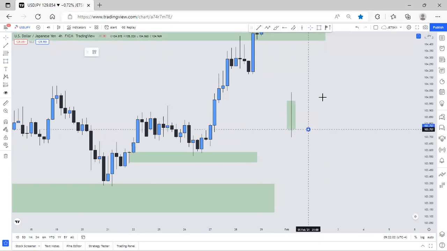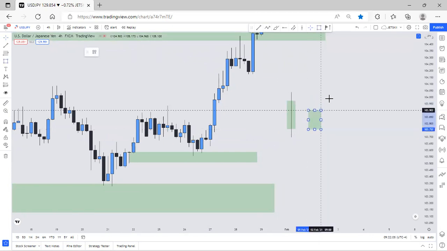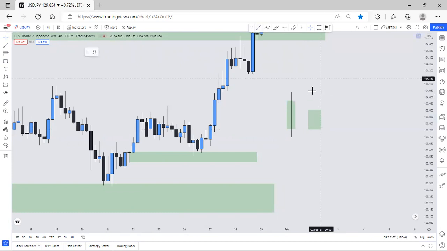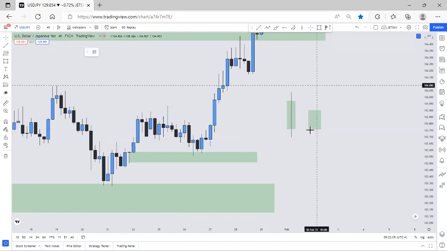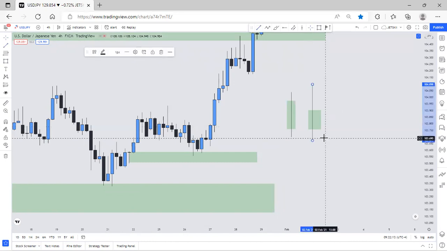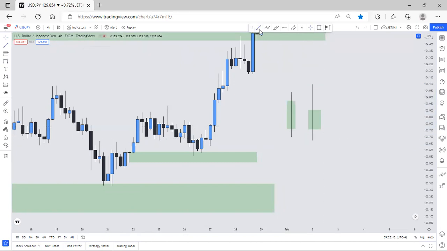So even if you get a candle like this, you want to make sure what it does, it trades below the previous candle. You want to make sure it trades below the previous candle, right?